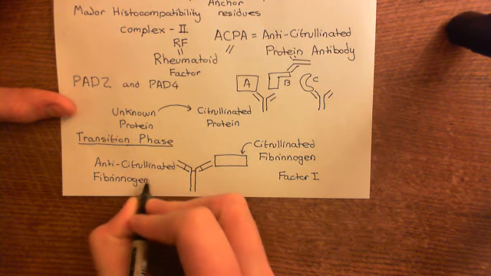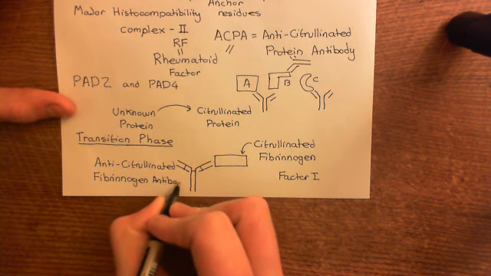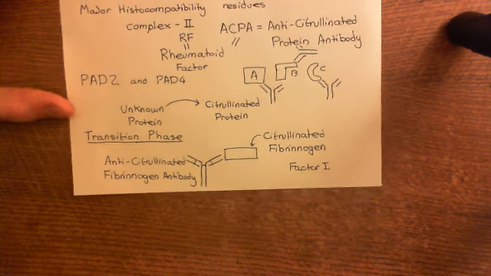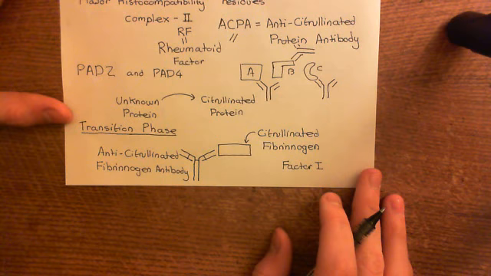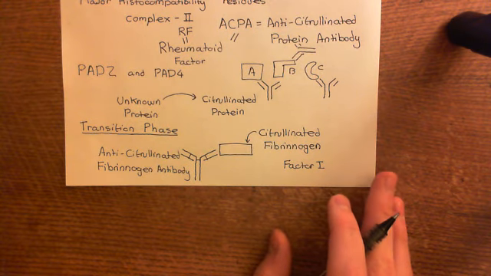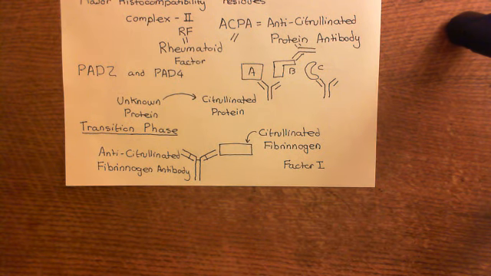Shortly before developing rheumatoid arthritis, you're going to start producing these anti-citrullinated fibrinogen antibodies. Now, citrullinated fibrinogen, like the normal fibrinogen, is circulating within your bloodstream. So you're now chucking out anti-citrullinated fibrinogen antibody into the bloodstream where citrullinated fibrinogen is present.